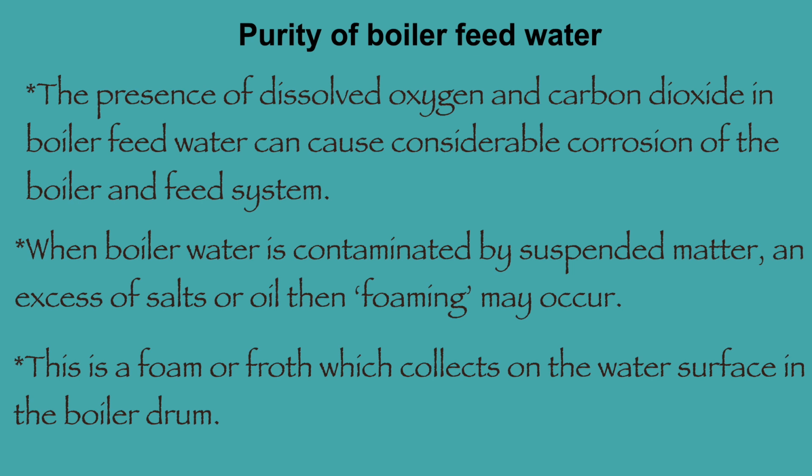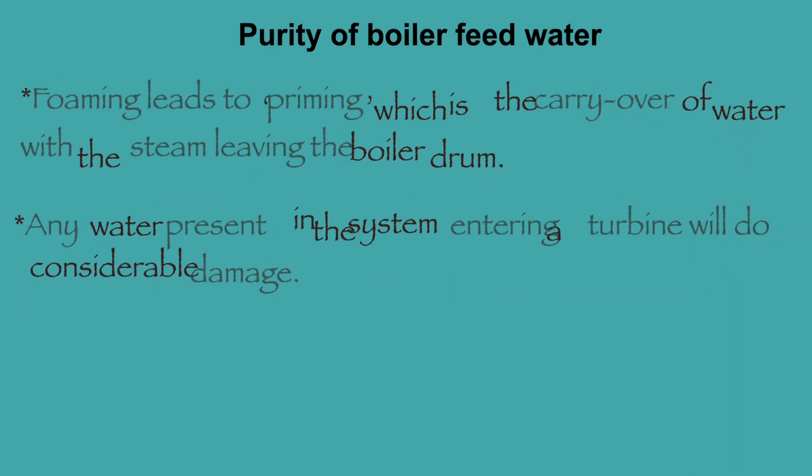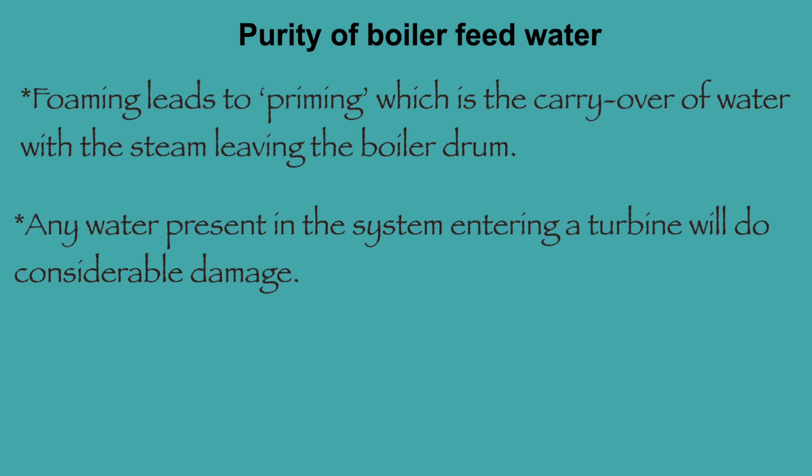This is a foam or froth which collects on the water surface in the boiler drum. Foaming leads to priming, which is the carryover of water with the steam leaving the boiler drum. Any water present in the system entering a turbine will do considerable damage.